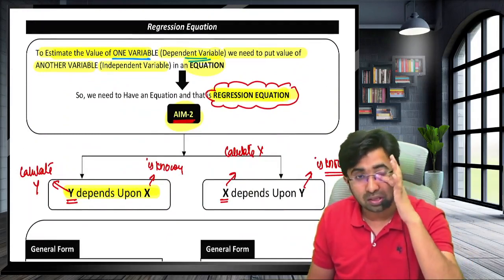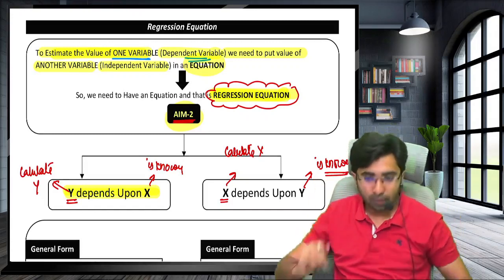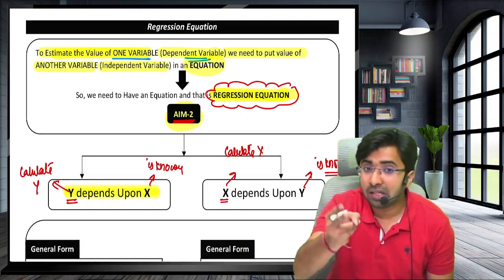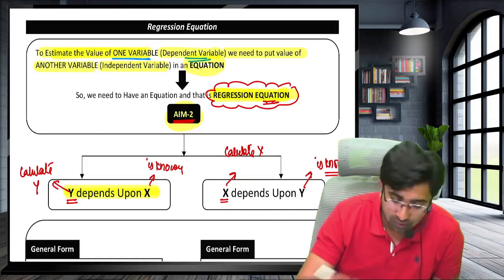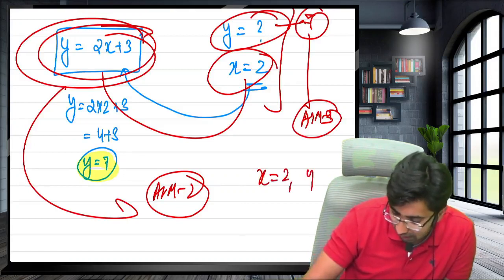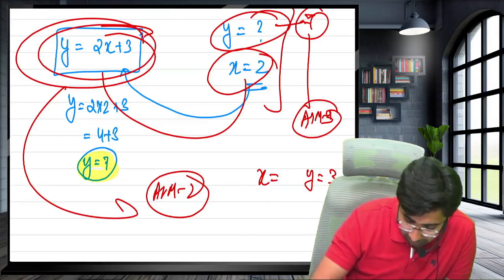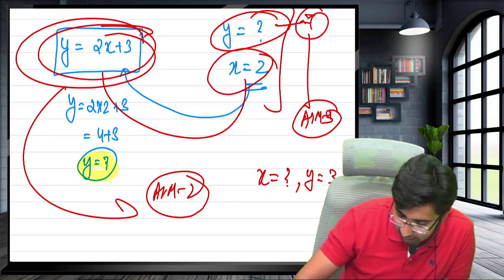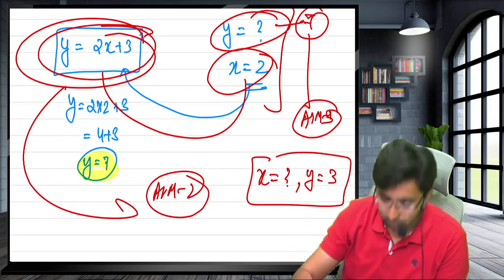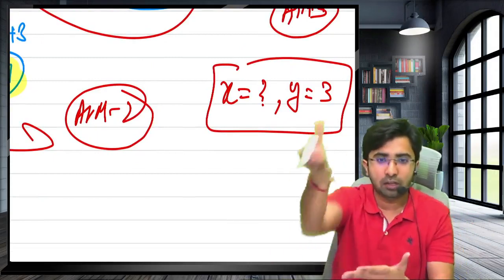Just tell me, it is very important that this much is clear to you. Without a regression equation, see how you will achieve. If I say calculate the value of x when y is 3, how will you do it? Sir, you will ask, give me one equation so that I can put the value of y as 3.